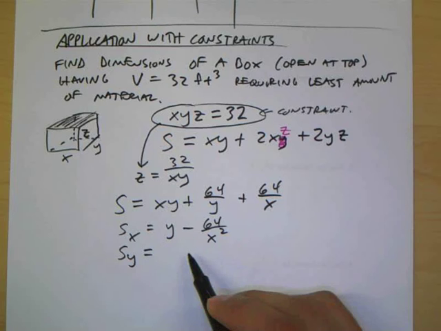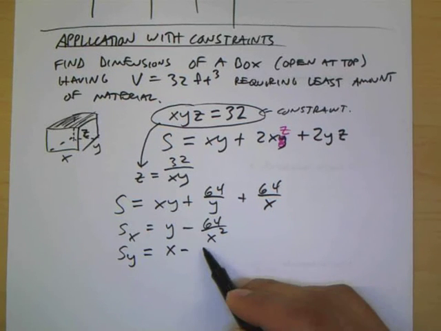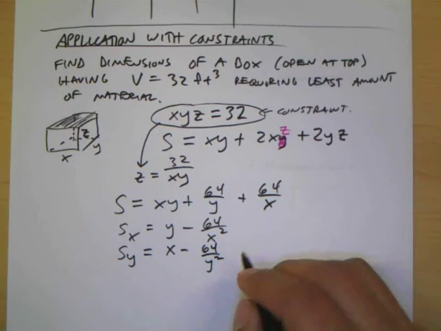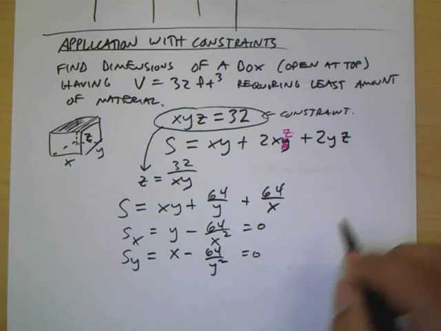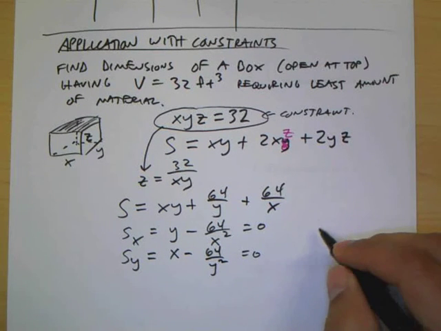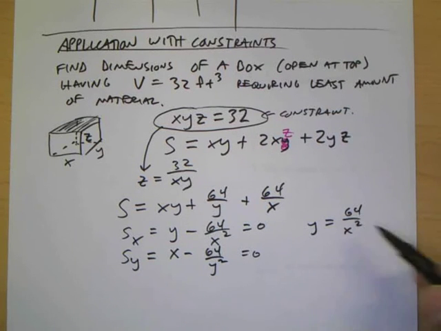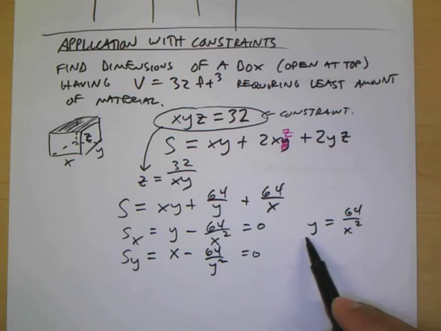Partial y would be the reverse of that. What I mean is x's and y's switched. We set both of these equal to 0. Probably the easiest thing to do would be to say y is 64 over x squared, and now we plug that into the second equation.